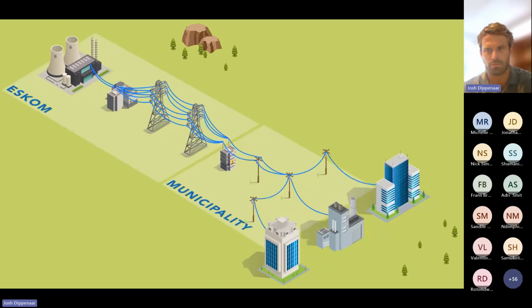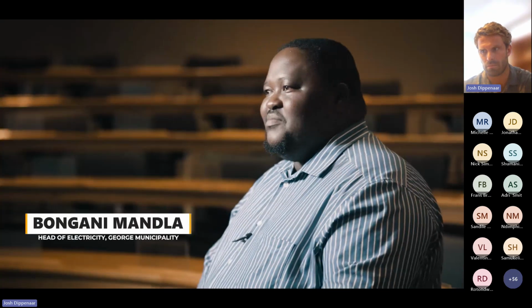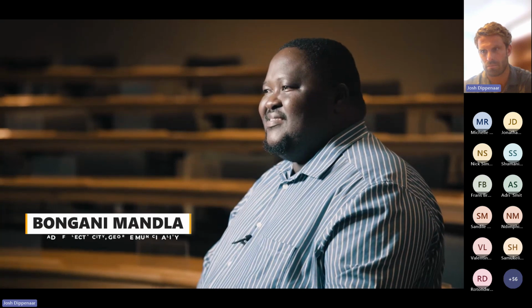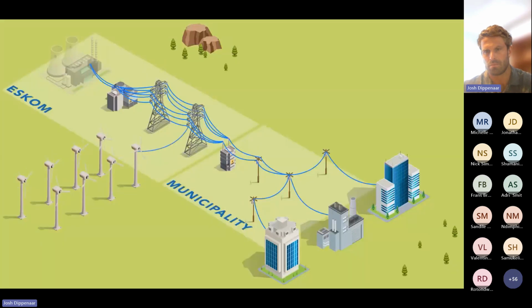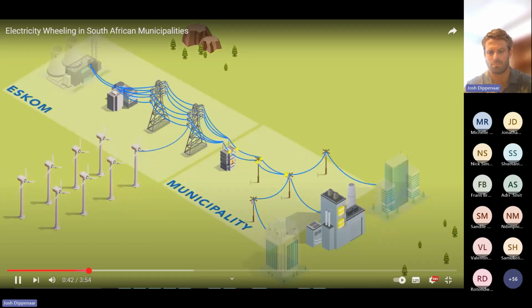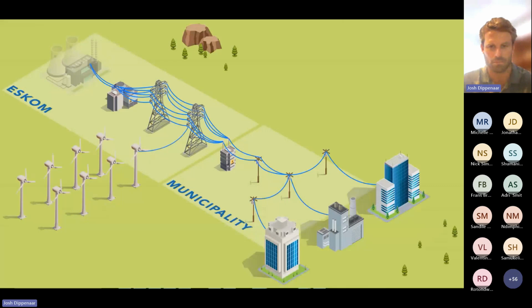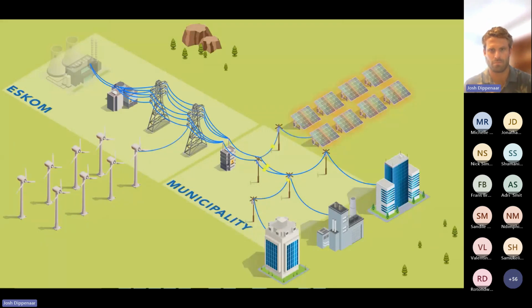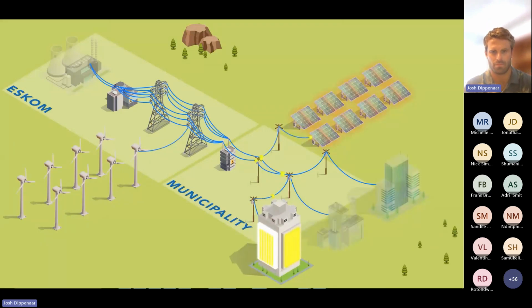George Municipality has been a leader in the wheeling space, and their head of electricity, Bongani Mandla, explains wheeling. Wheeling refers to the use of the municipal or Eskom grid to transport electricity from a private generator to a private off-taker.